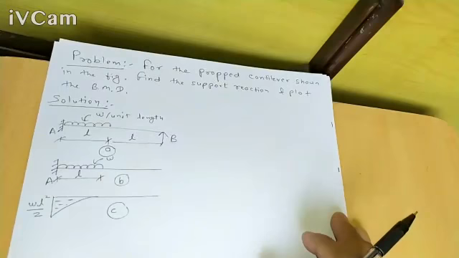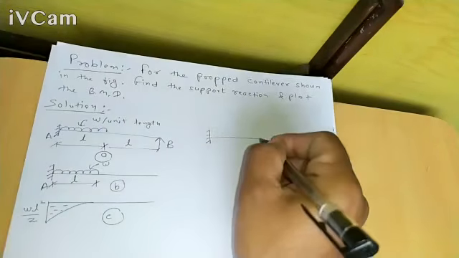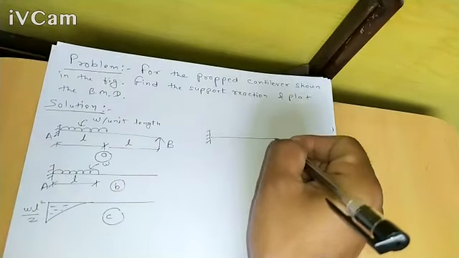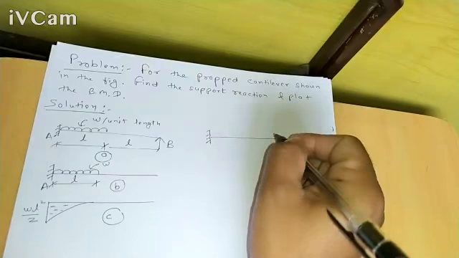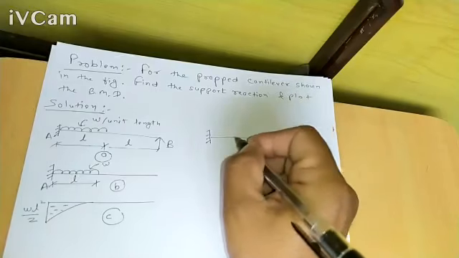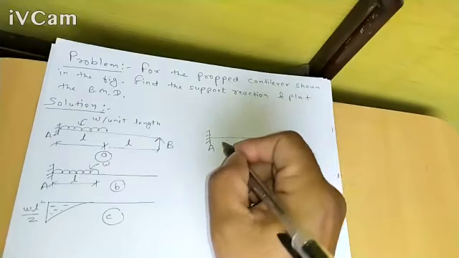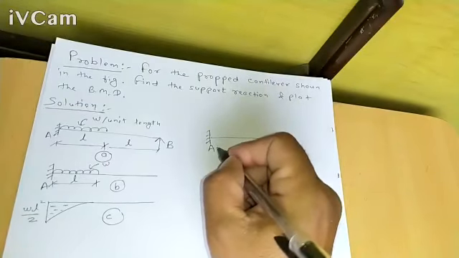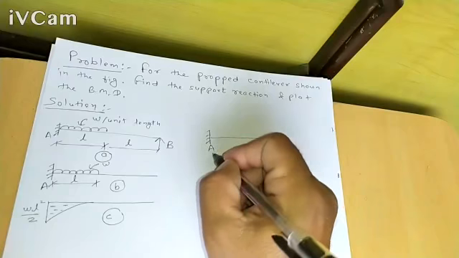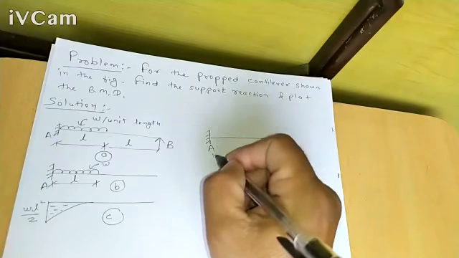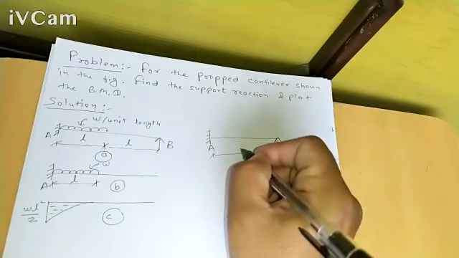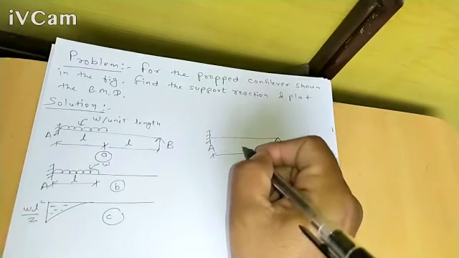Now you need to draw the bending moment diagram again, considering that there is only the support reaction RB. First we considered that the reaction is not there at point B and only the UDL is there, and because of that, this is the bending moment diagram.